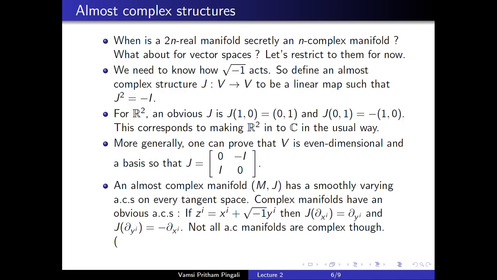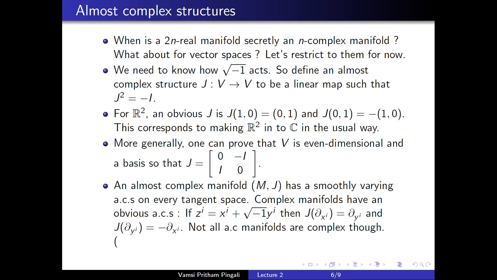Yeah, so this one, it's not easy to come up with examples, by the way, of almost complex manifolds that do not admit any complex structure at all. In fact, it's a famous open question as to whether S6, first of all, it's not obvious that S6, the sixth sphere, even admits an almost complex structure.